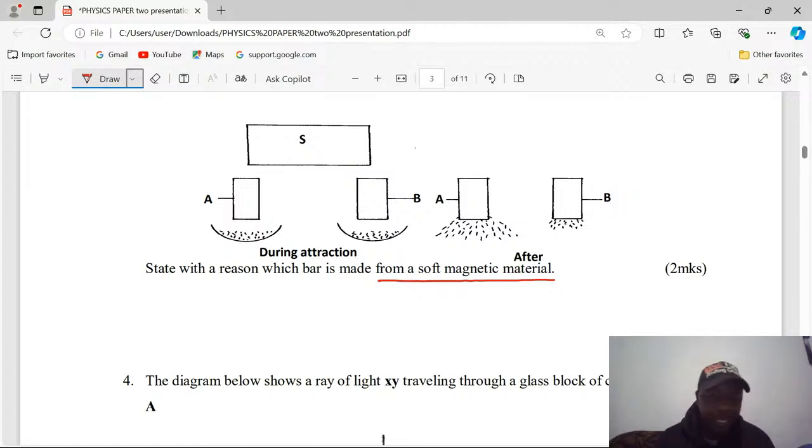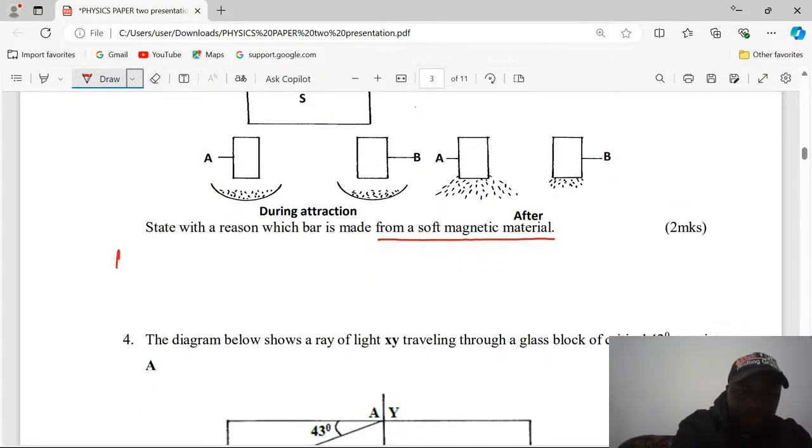When you look at B, it has very few iron filings, which means it is losing its magnetism very fast. But A is still holding a bigger number of iron filings. So B is a soft magnetic material because it seems to have lost magnetism very fast.